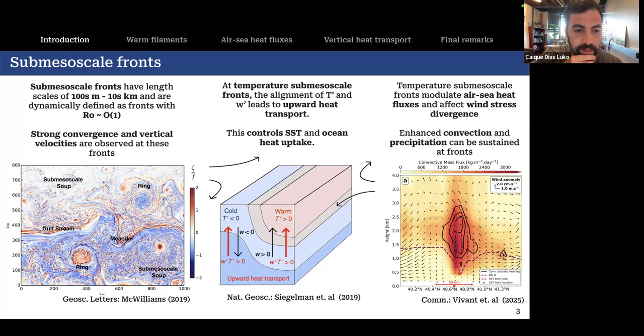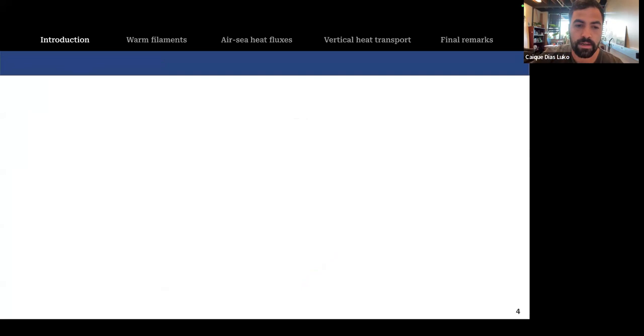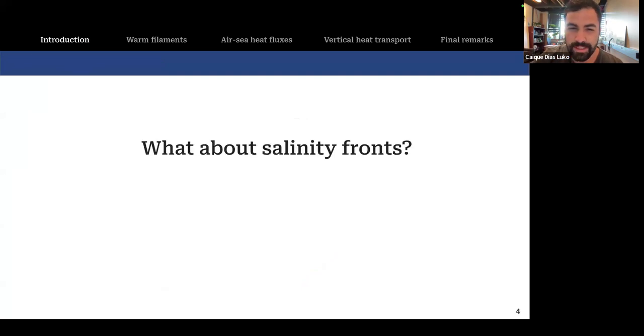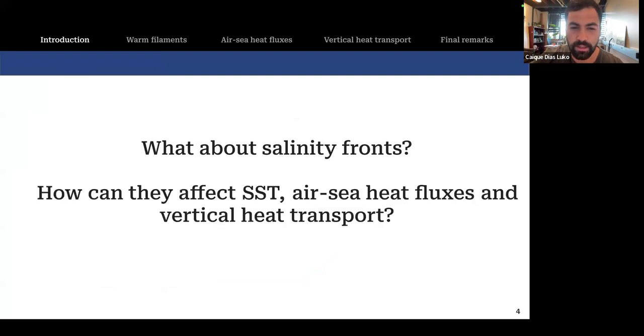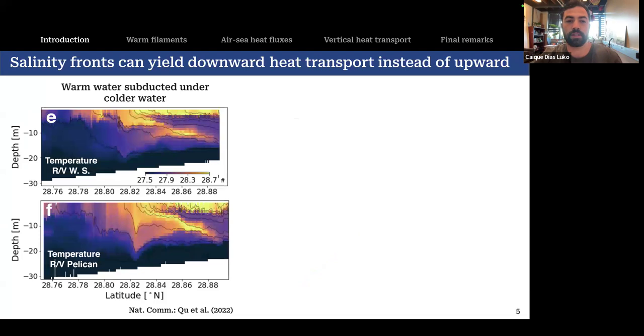So temperature fronts are important for all these vertical exchanges and air-sea interactions, but what about salinity fronts? How can salinity fronts actually affect SST, air-sea heat fluxes, and vertical heat transport? One of the first interesting things about salinity fronts is that because temperature doesn't play a strong role in the dynamics, it doesn't really drive the flow.